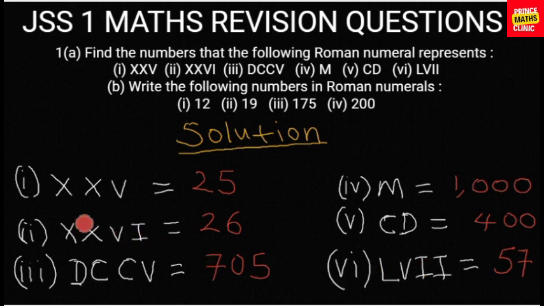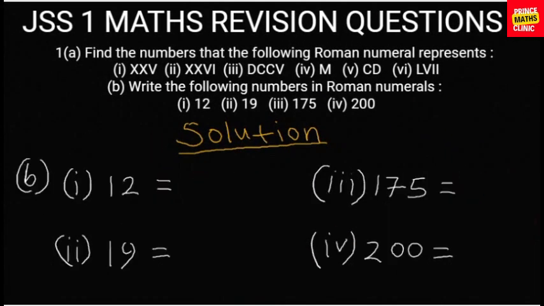So let's look at the B question. All right. So looking at this, we have 12. And 12 is a combination of 10 plus 2. So we know that 10 is X. Then 2 means addition of 1 and 1. So that's the answer.